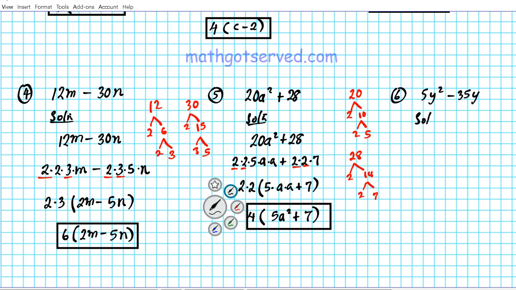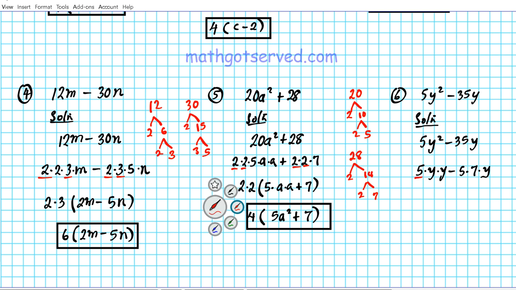Alrighty, the solution is as follows. So rewrite the problem, 5y squared minus 35y. So if we break down 5y squared, that is 5 times y times y. If you break down 35, it's 5 times 7, and then times the y. Now to the left and right side of the minus, what can we factor out?